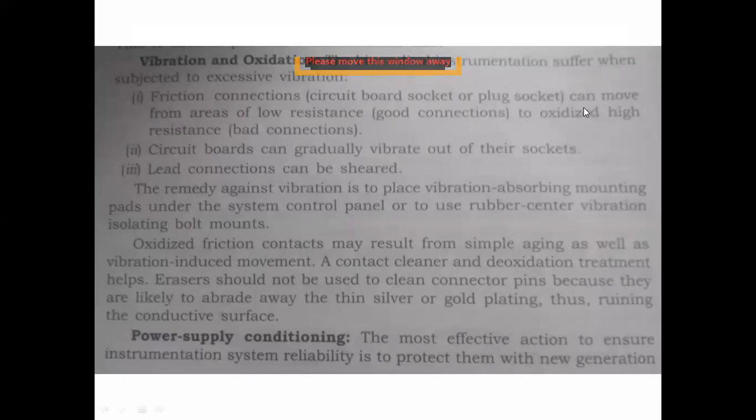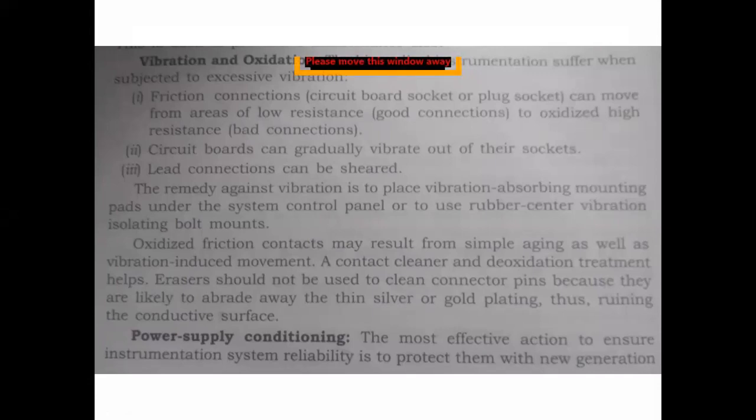These can move from areas of low resistance to oxidized high resistance. In some cases, due to excessive vibration, there are also frictional effects.